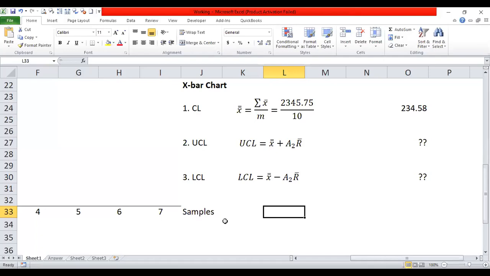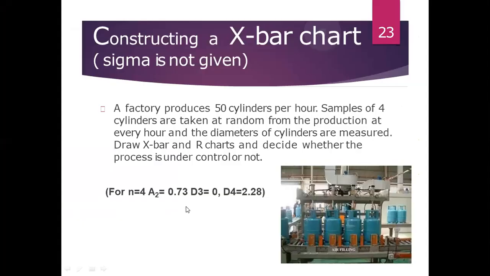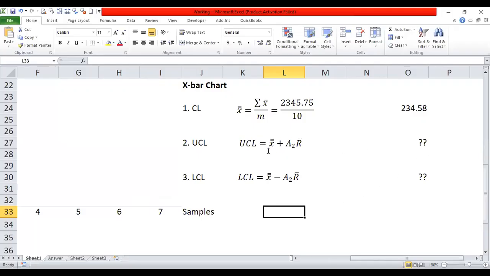The A2 value also will be given to you. A2 is 0.73.